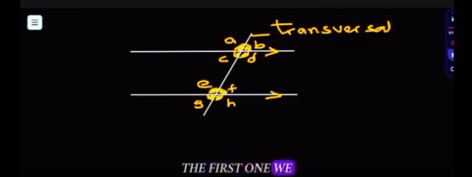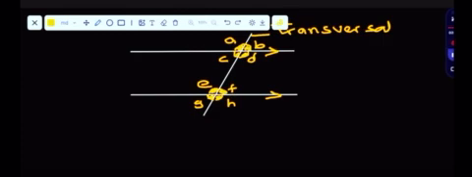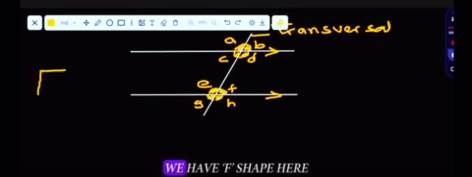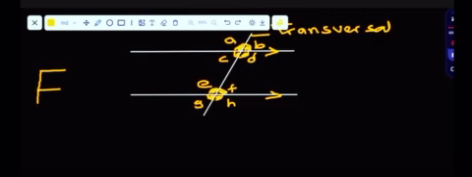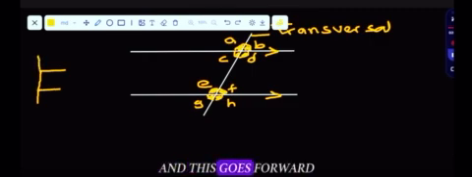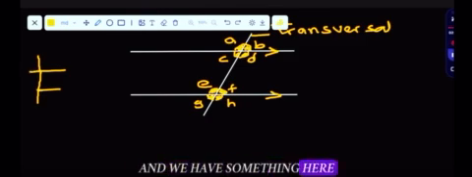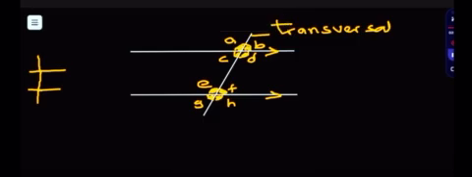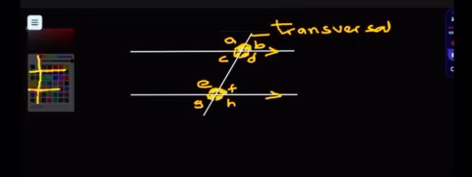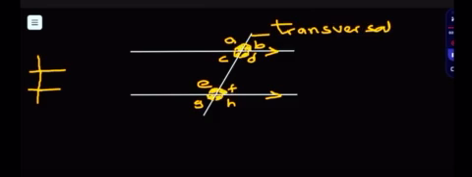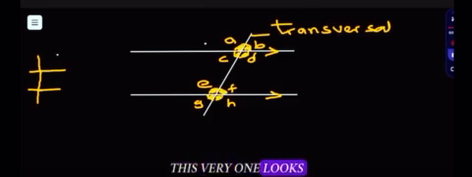The first one we shall be discussing right now is the F angles. You have an F shape here, and this goes forward. You have another one here. This very one looks like what you have here.